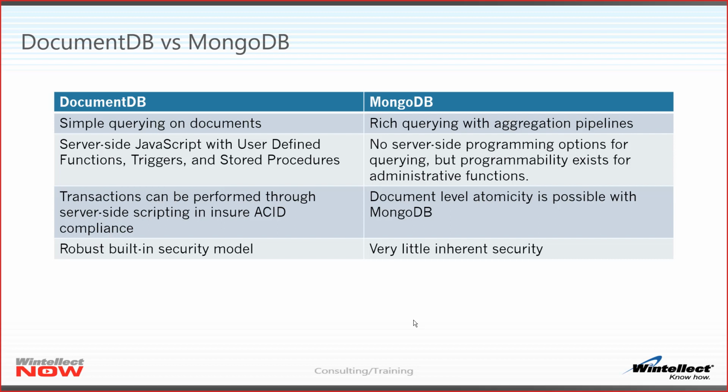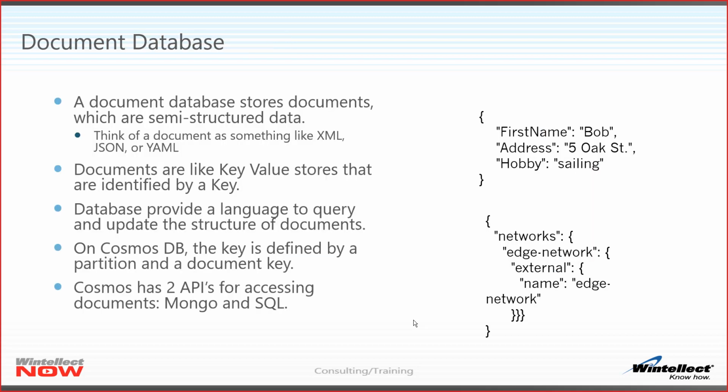I'm sorry, that's on the SQL API, the DocumentDB from Microsoft, not MongoDB. DocumentDB has a very robust security model, while MongoDB has very little in terms of inherent security. Basically username and password, but it doesn't have a lot of roles and responsibilities, while DocumentDB has a very robust security model. And we'll look at that in just a second.